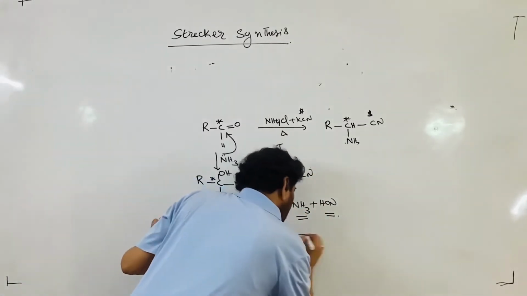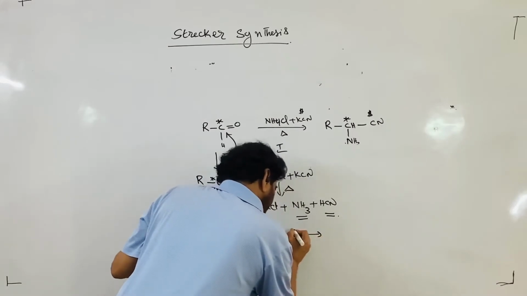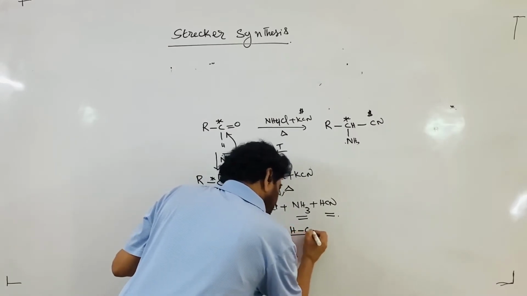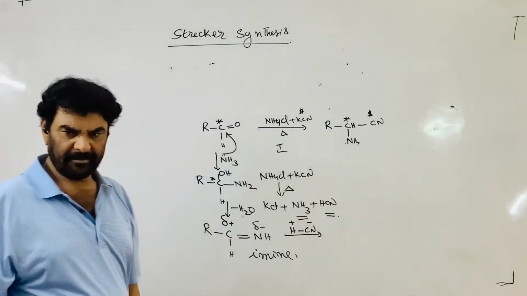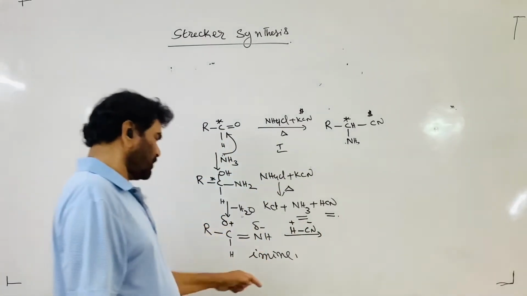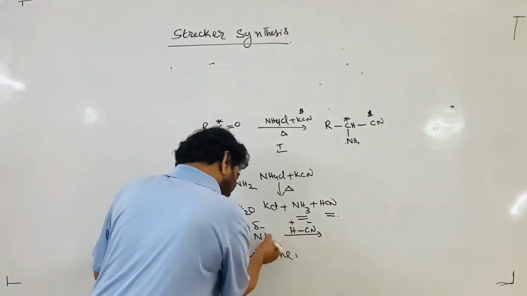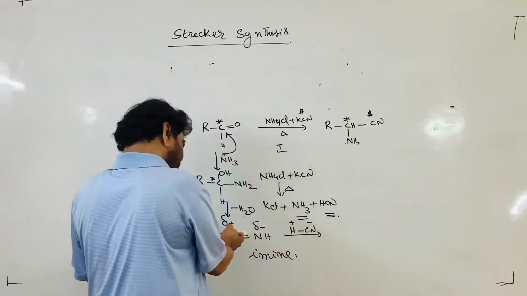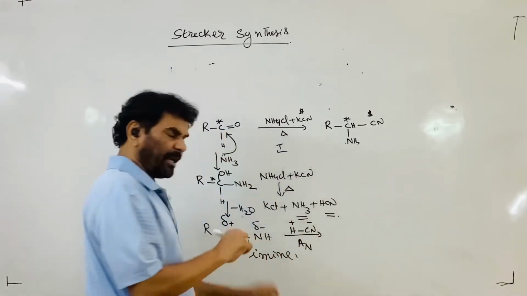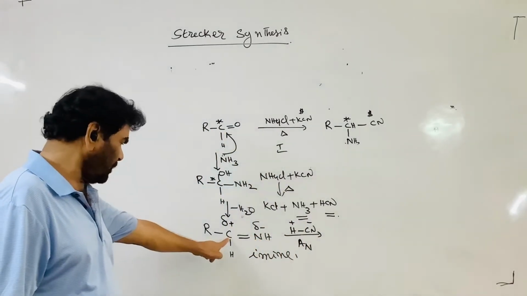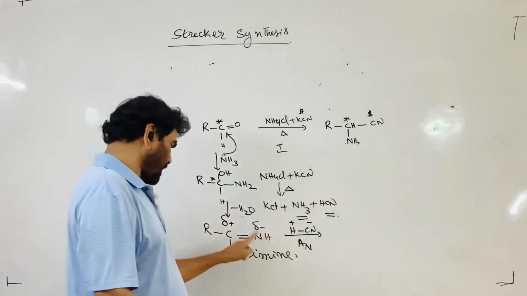That is HCl. This is H plus CN minus. So covalent nature is more. The H plus is added to the nitrogen, cyanide is added to this one. So that is AN reaction, nucleophilic addition reaction: cyanide to carbon and H plus to the nitrogen.